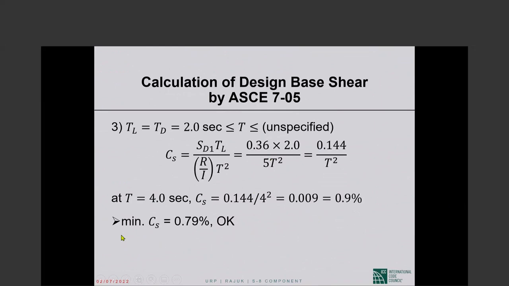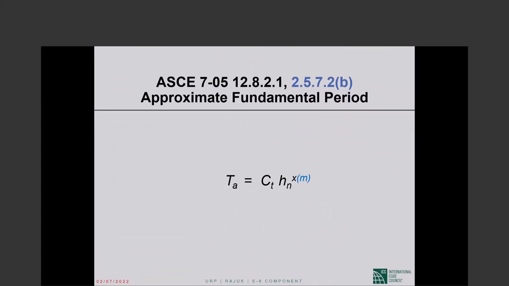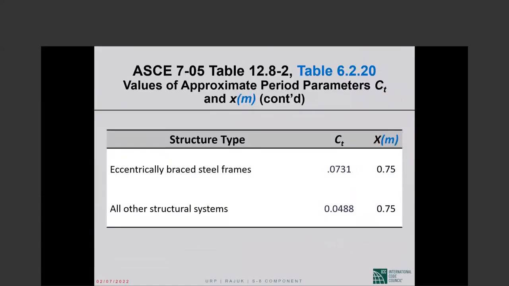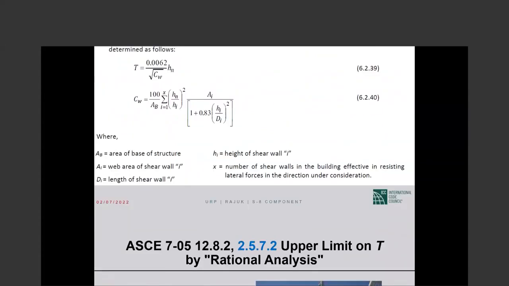Yesterday, there was a line which I deleted that said this 0.9% is slightly different from the 0.83% we had derived by BNBC 2020. Okay? So please note that with the correction, BNBC and ASCE 7 give you identical numbers, as it should.